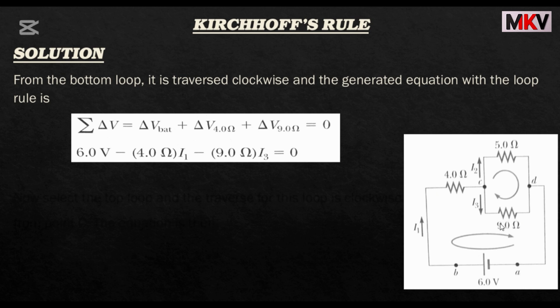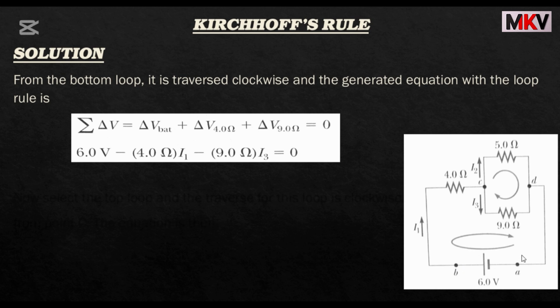Now we are coming to apply the rules we learned earlier, the tricks in solving the problem. Across the battery, it is moving from A to B, and the EMF source is from minus to plus. Therefore, our voltage will be plus.